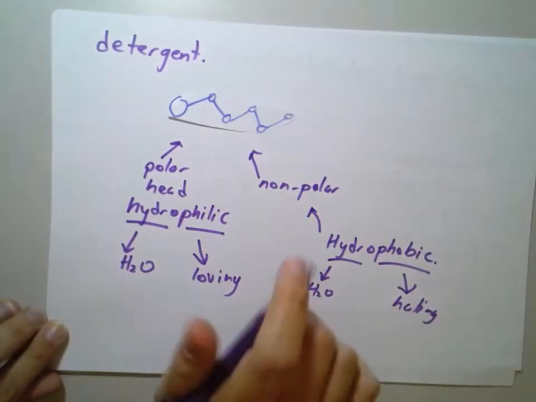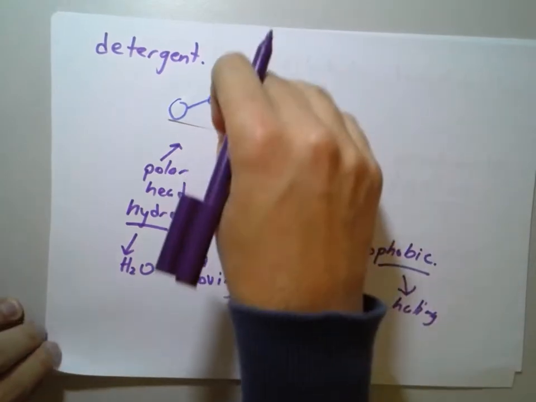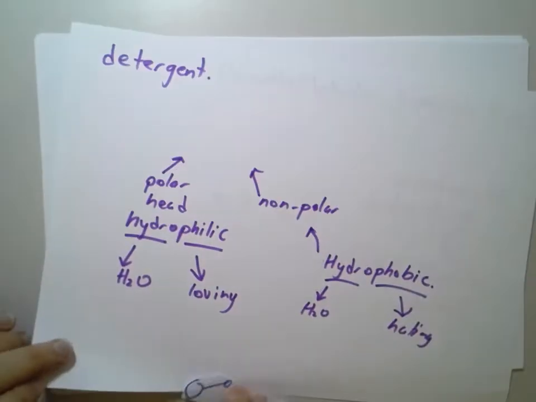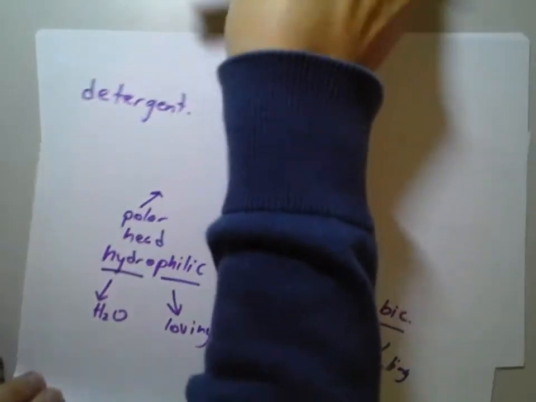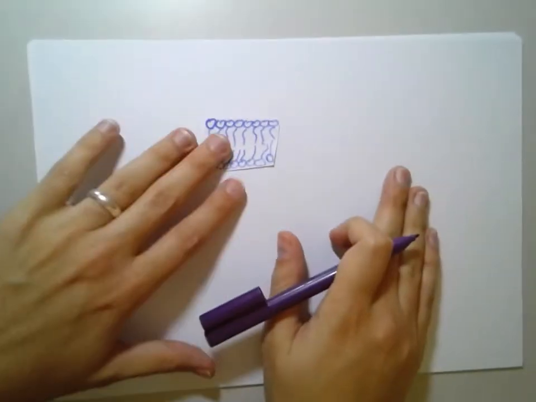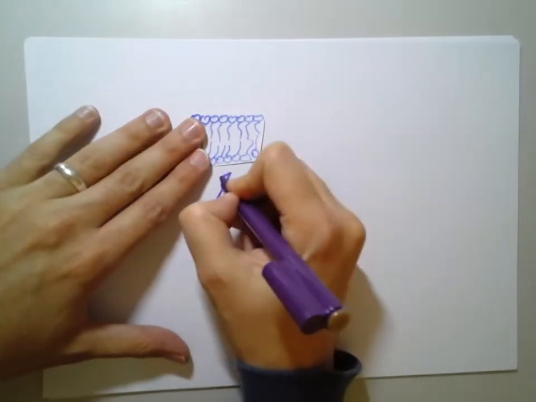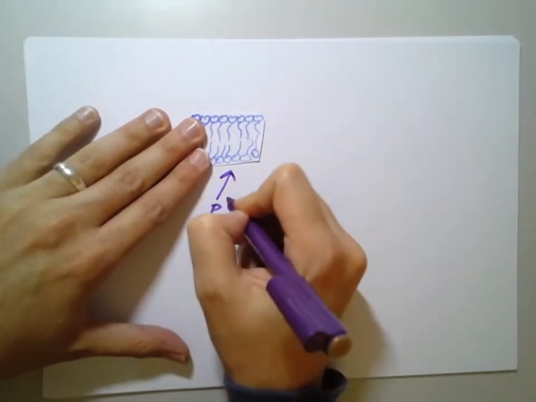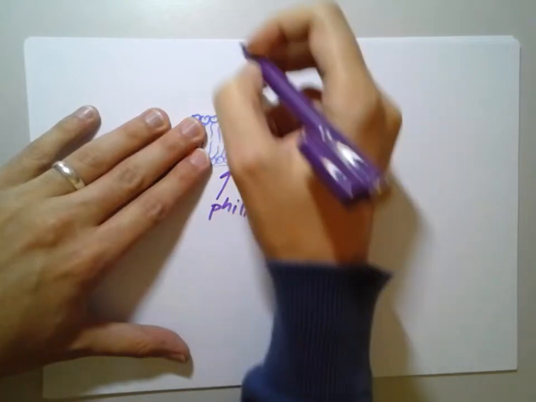Why is this important? Well, when we have our cells, the membranes look like this, and they are a very similar structure. The heads are philic and the tails are phobic.